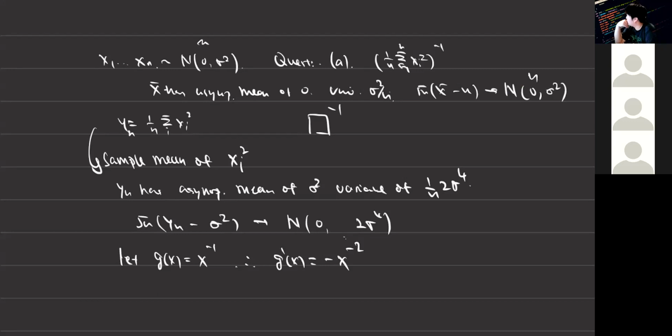Let's see. X1 to Xn be a sequence of IID random variables, each having the uniform distribution on the interval 0 to theta, for some real number theta. For each n, define Yn to be the maximum of X1 to Xn. Wait, what's the question? Oh, next page.